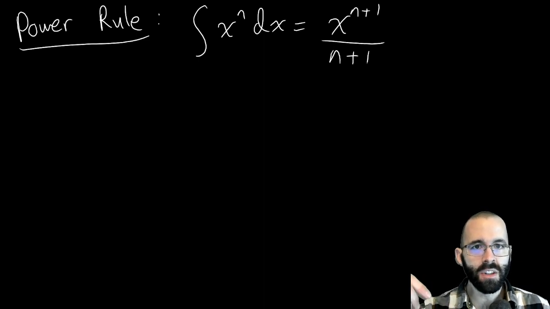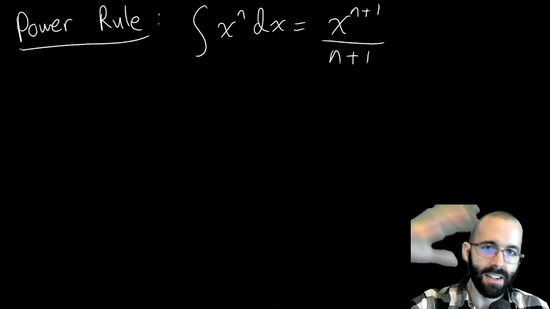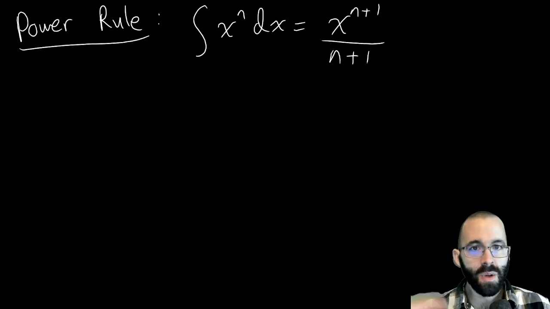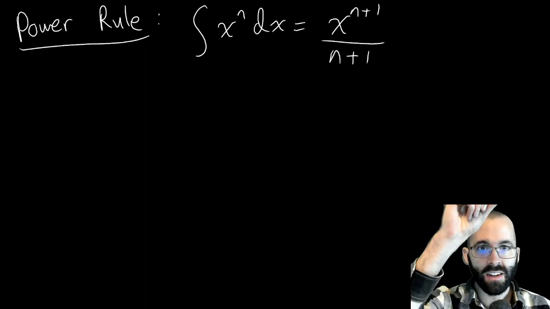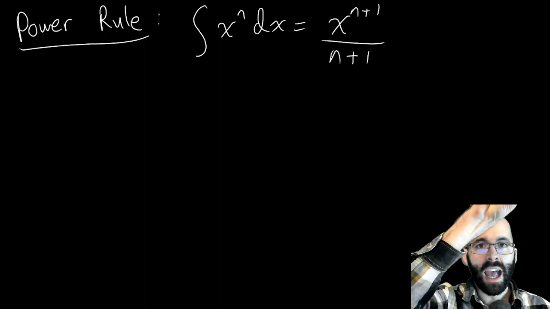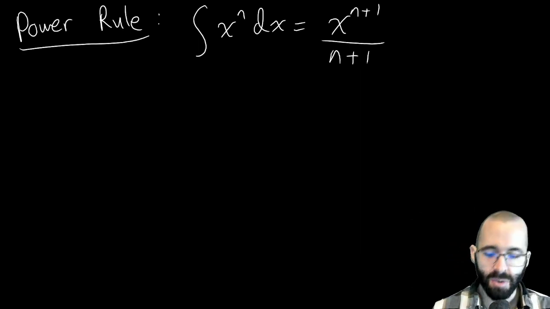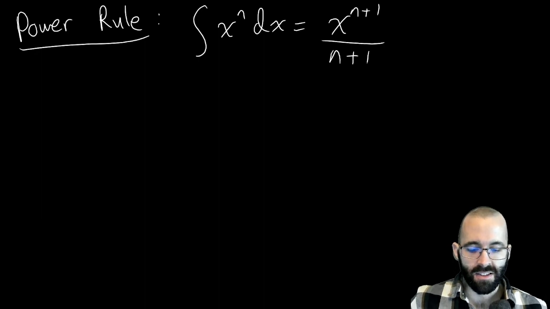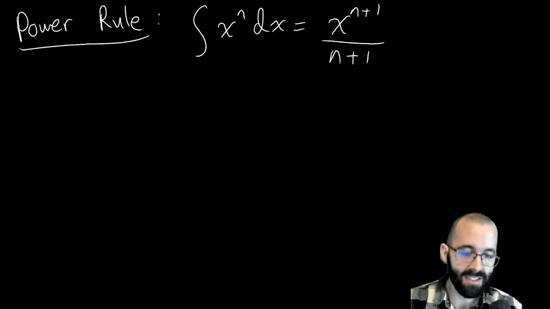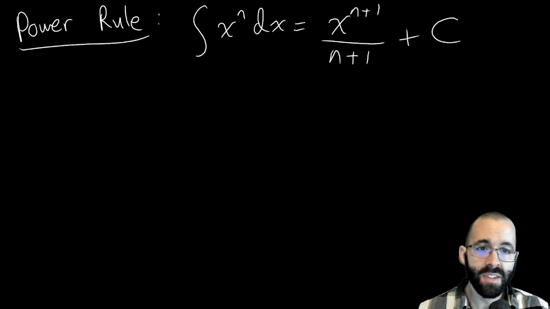And notice not only are we doing the inverse, division instead of multiplication, and adding instead of subtracting, we're also doing it in the opposite order. Normally we bring it down and then subtract. Well, now we add and then divide. So it's being done with the inverses and in the inverse order. If you remember some stuff about inverse functions, that's consistent with how we think of inverse functions. And then again, always add the plus c.